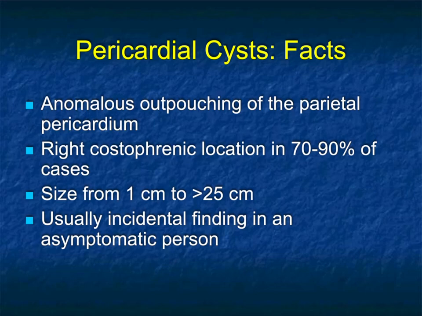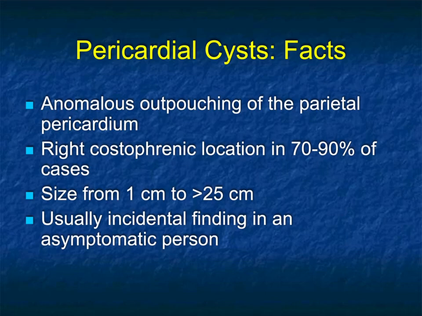The next thing I'll mention is pericardial cysts, which are anomalous outpouchings of the parietal pericardium. They can simulate cardiac tumors. Their right cardiophrenic location is most common. When they're smaller and of soft tissue density, maybe you could think about an angiosarcoma or something else. They're usually incidental findings, and they can be large.